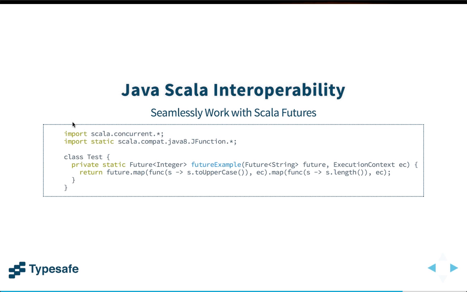So this is a Scala future, where in this example you get a future of string and then you map that future, and this little func here is the converter between a Java lambda and a function one. That's basically what Scala expects. So using this, you can call all Scala APIs where you get back futures and other things, and you can seamlessly work with them from Java.